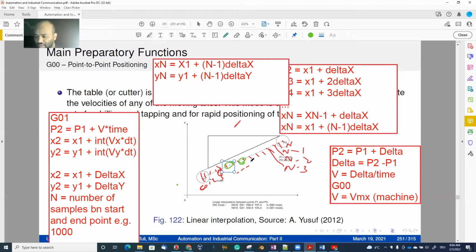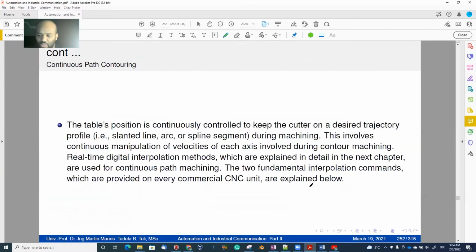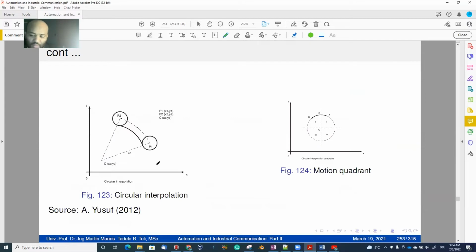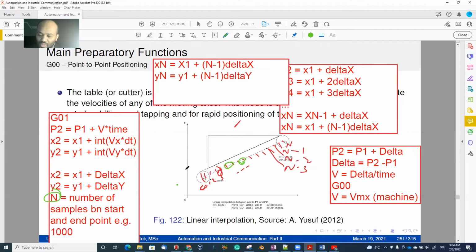This is delta. You know delta. Delta is P2 minus P1 divided by the number of samples. Okay, so now let's continue. With this, you could directly program your G1, G01.